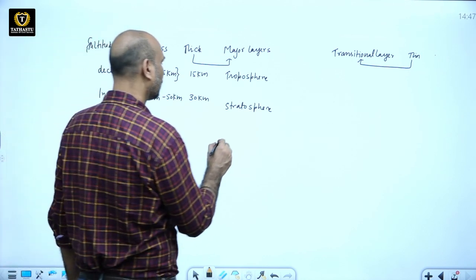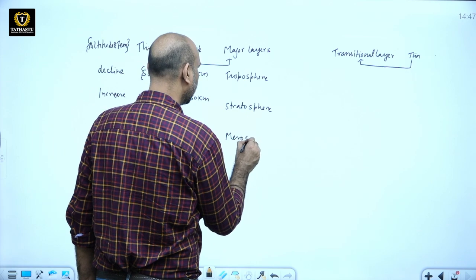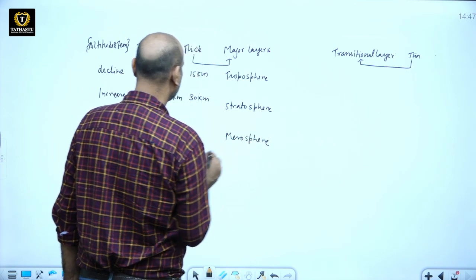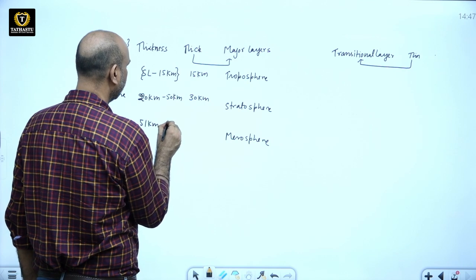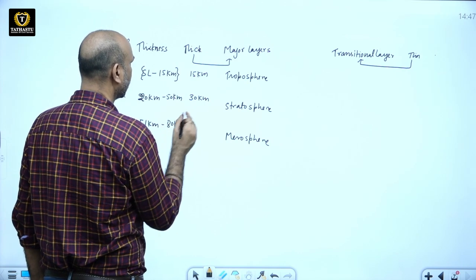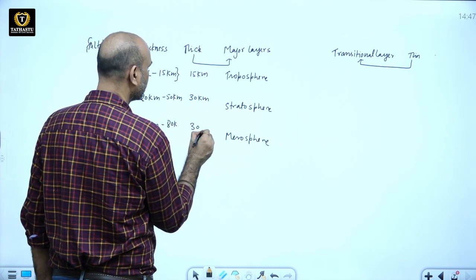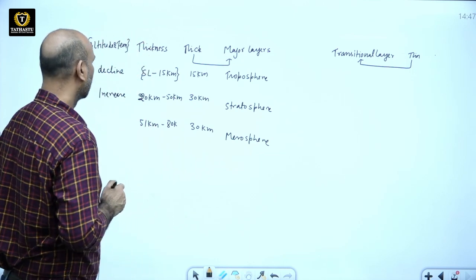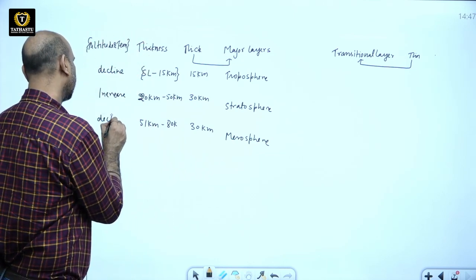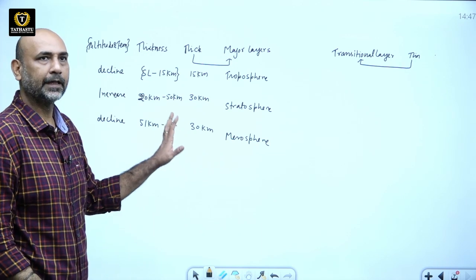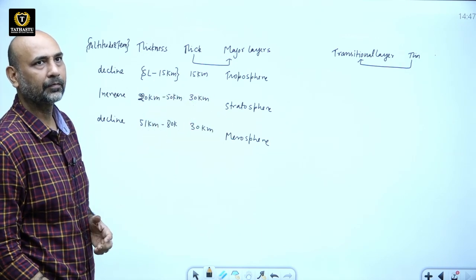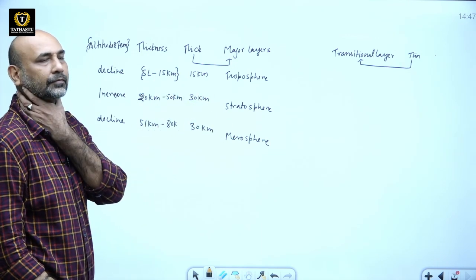Then mesosphere, it is 51 kilometer to 80 kilometer, extending nearly 30 kilometer. Temperature again declines with altitude. Why it is declining, increasing, we have to explain, because we have to discuss.